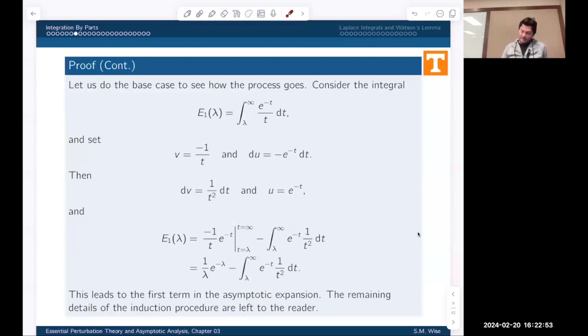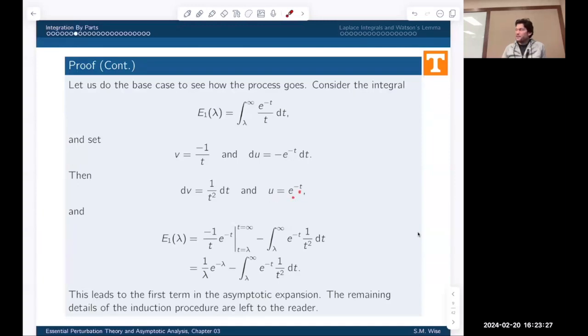So let's set v equal to minus 1 over t and du to be minus e to the minus t dt. We're going to differentiate v, and we're going to integrate this differential u. So we get dv equals 1 over t squared dt. Remember, we're pretending that derivatives are just fractions of differentials. And integrating this differential, we get u equals minus e to the minus t.